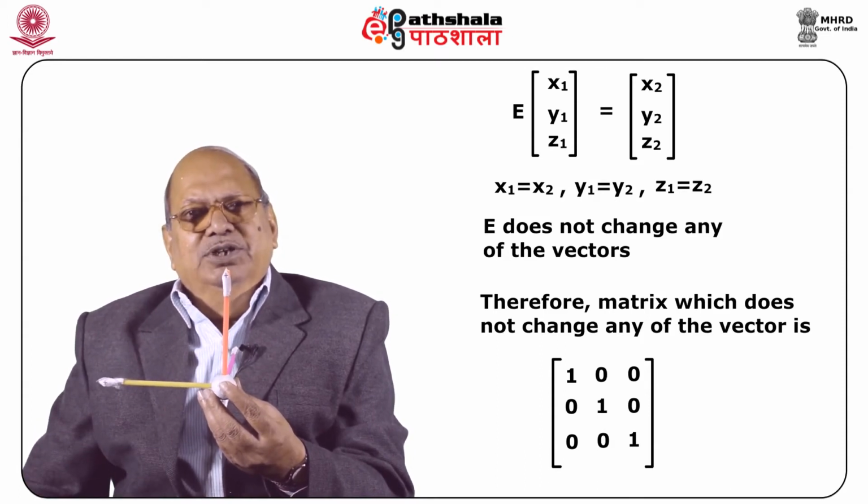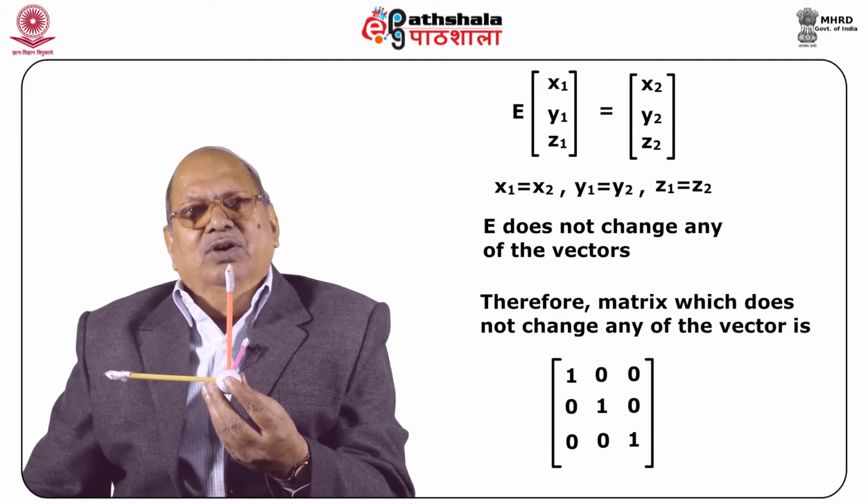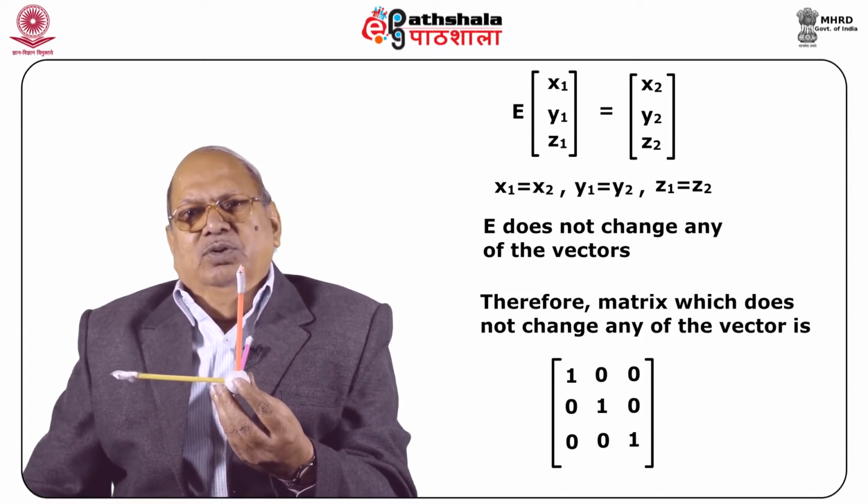If they do not change, I will get a matrix which is 1 0 0, 0 1 0, 0 0 1. That is, none of the coordinates changes. So for the E operation, I have the 1 0 0, 0 1 0, 0 0 1 matrix.